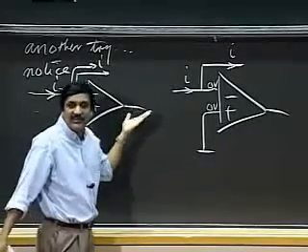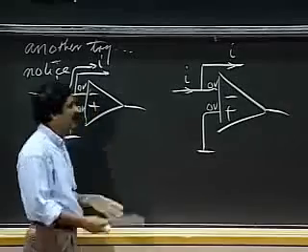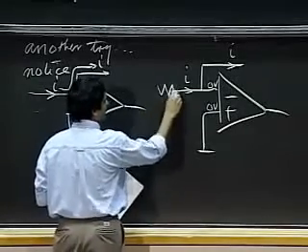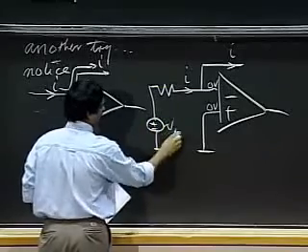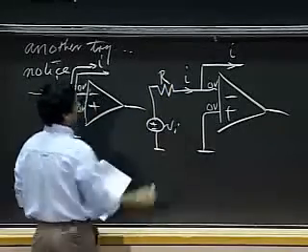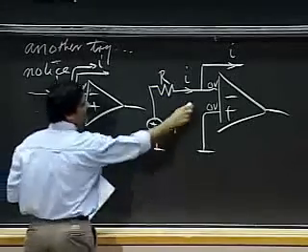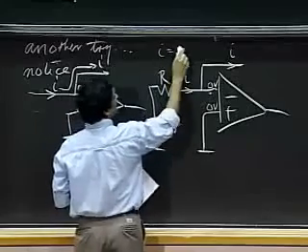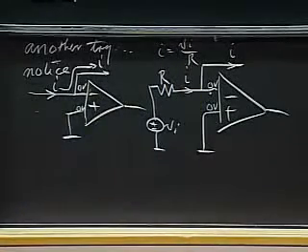So how do I get my voltage VI to become proportional to a current? It's simple now. All I do is put a voltage VI and put a resistor R out there. If I do that, then since this is 0, the current I is given by VI divided by R. I've got where I want to be.